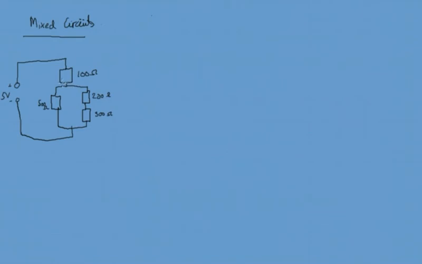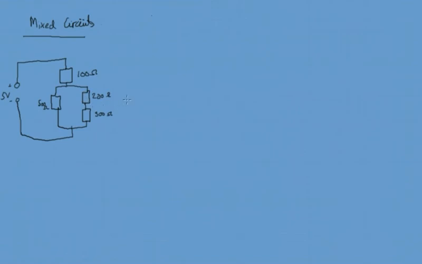What we want to do is step by step reduce this mixed circuit into something which has one resistor. The first thing is to look at the part that is in parallel. Here we've got a 500 ohm resistor, but here we have two resistors in series.